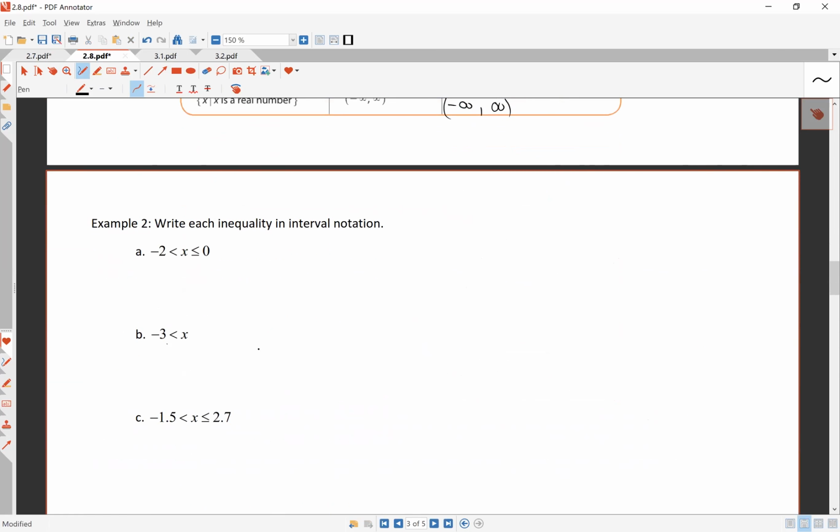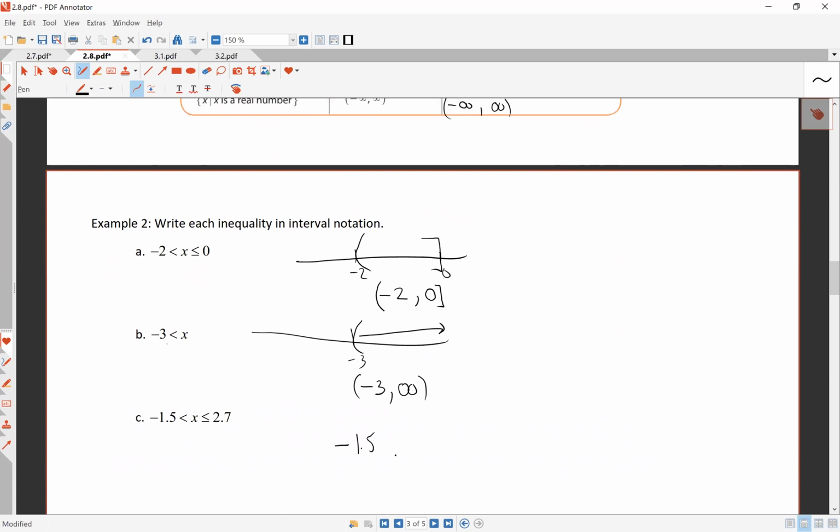If it's x is greater than negative 3, from the graph, it starts at negative 3 and then goes all the way to positive infinity. If it's one of these like negative 2 to 0, we're not including the negative 2, and we're less than or equal to 0, the leftmost number is negative 2, and the right is 0. And if it's from negative 1.5 to 2.7, the leftmost number is negative 1.5, and the right is 2.7.